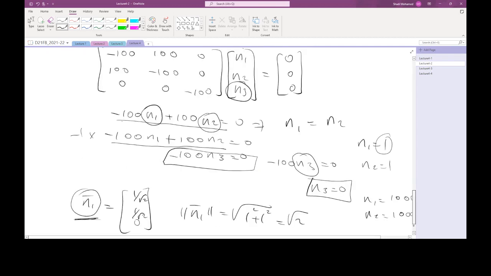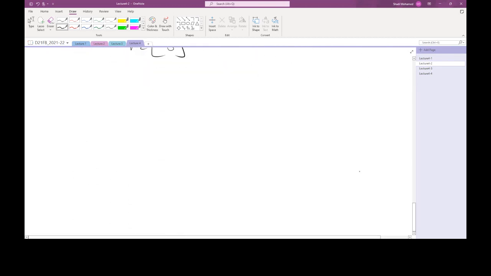So starting from T2, for T2 equal to 0, we need to find N2. What is the value of N2? Again, I substitute lambda with 0.